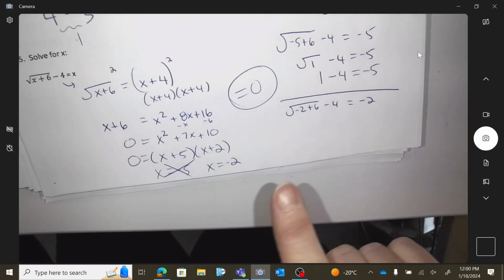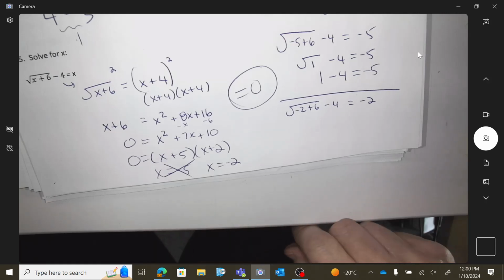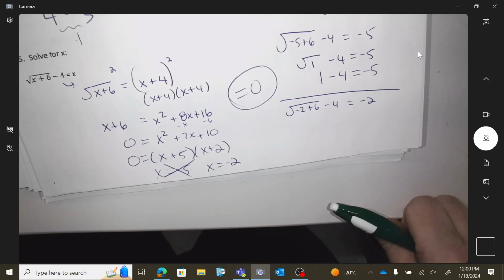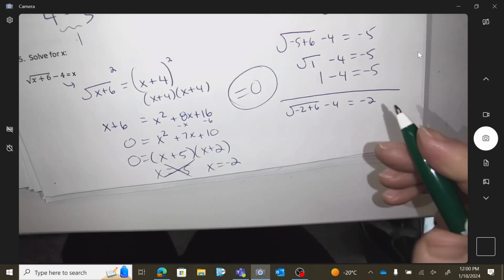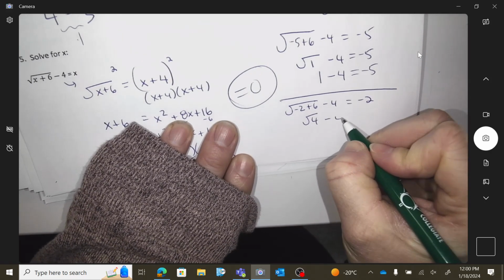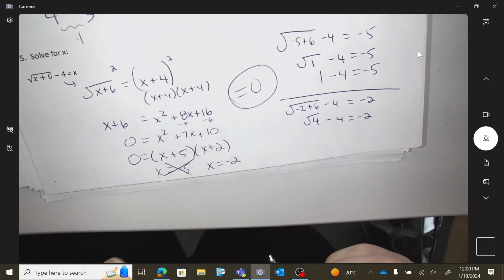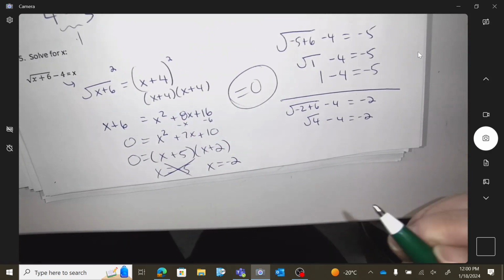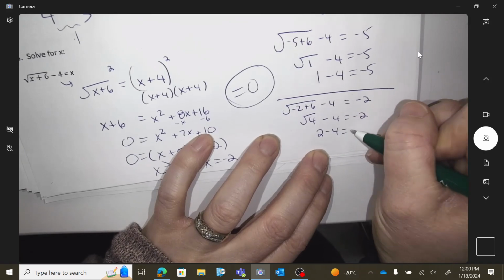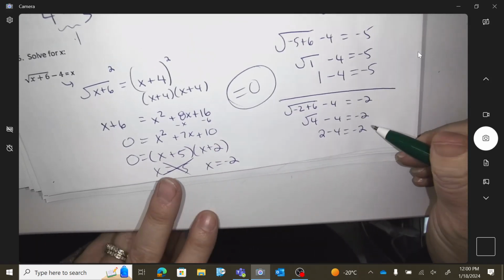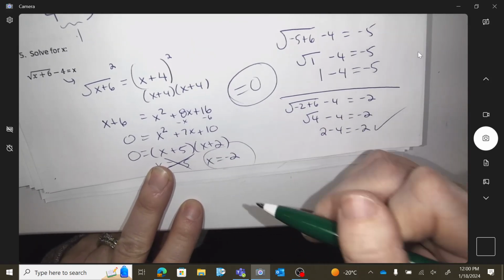Okay, now I'm going to replace x with a -2 and see what happens. So this is the square root of 4. Two minus 4 equals -2. What am I thinking? That one looks good.